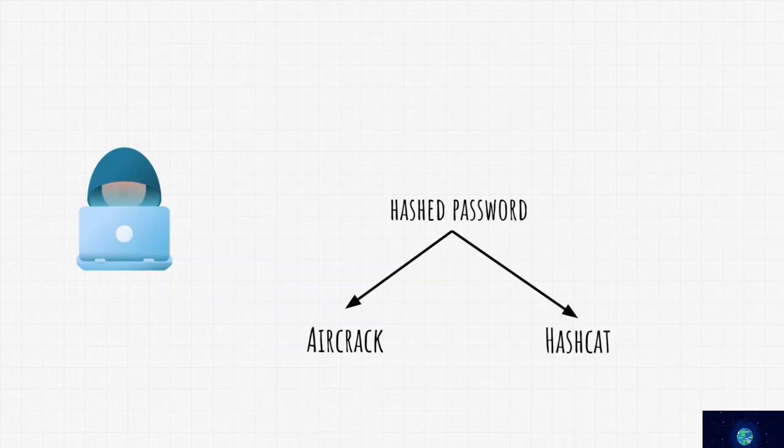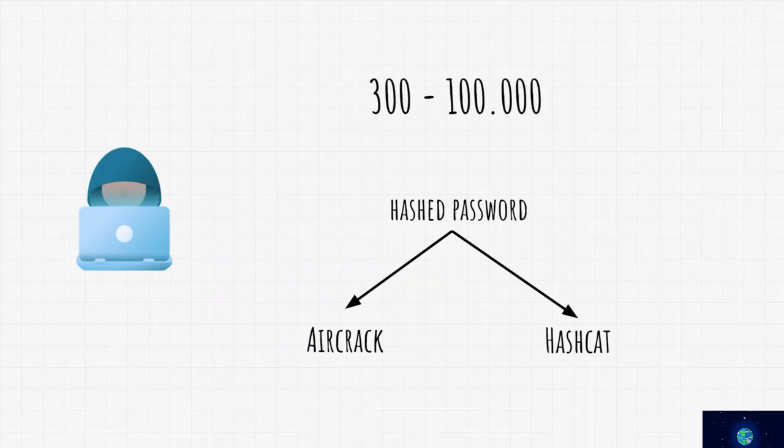Aircrack uses CPU power, or processor power, to crack the password, while Hashcat can use both CPU power and your graphics card power, and it can sometimes crack a lot faster than Aircrack. Now, the average speed of cracking passwords with these programs, depending on what CPU and GPU you have, would be around 300 to 100,000.